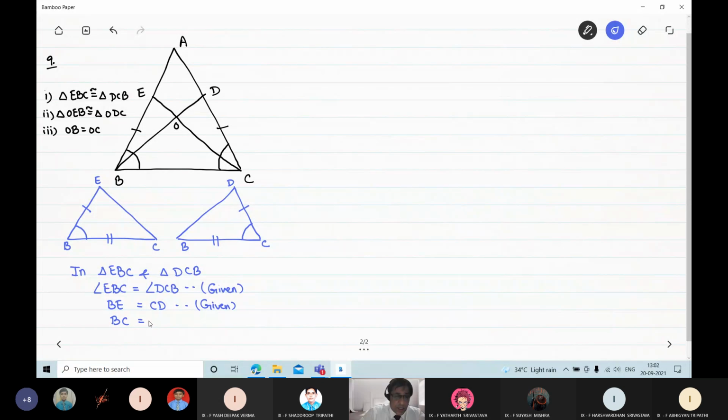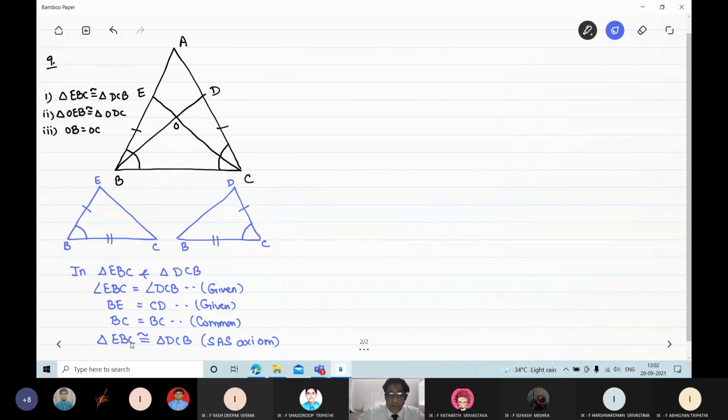And BC is equal to BC. This is common. So therefore, I can say that triangle EBC is congruent to triangle DCB, and it is congruent by which axiom? Side angle side axiom. Is this part clear? Yes, sir.